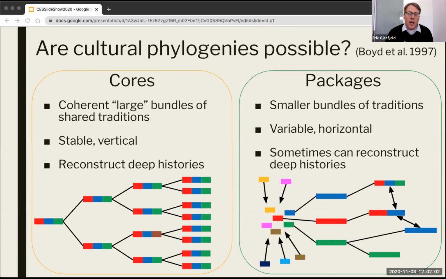Whereas with packages, these tend to be viewed as maybe smaller bundles of traditions, perhaps a bit more variable or permeable, and maybe more influenced by horizontal transmission. And it's not that a phylogenetic approach can't be used in this case, but there is a bit more of a nuance on whether or not the tree we're developing really can reconstruct deep histories when we're dealing with aspects of culture that can be viewed more as cultural packages.